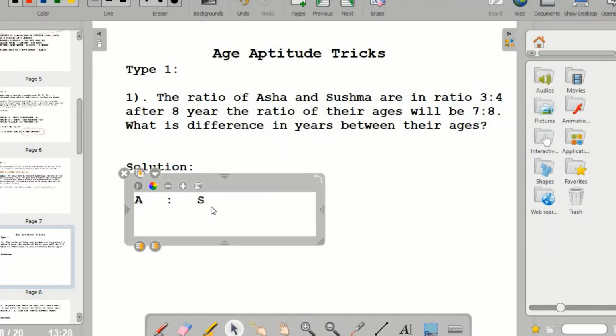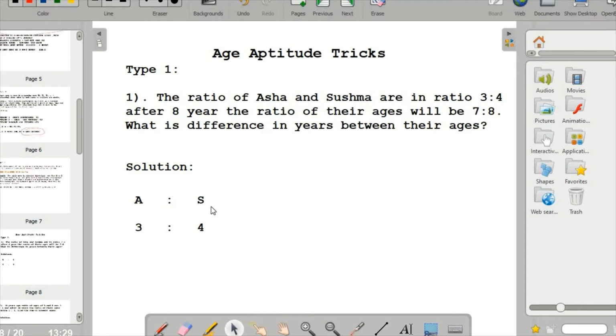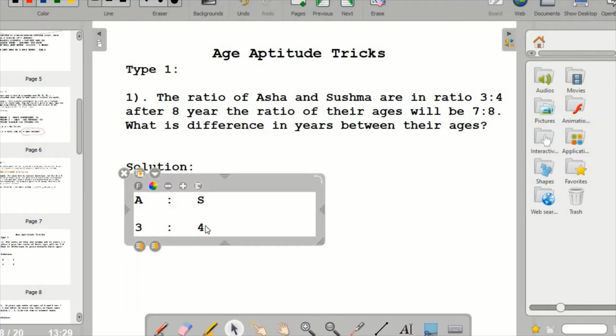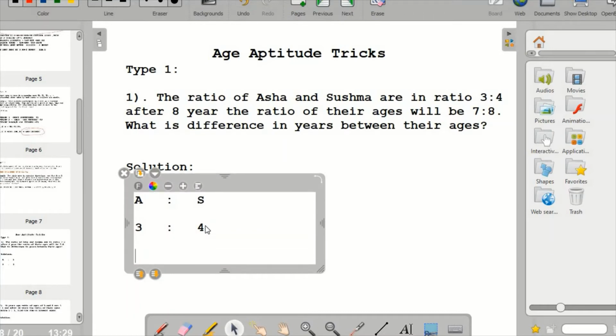So first they have an age ratio of 3:4, and after 8 years the ratio of their ages will be 7:8. What we have to find is the difference.